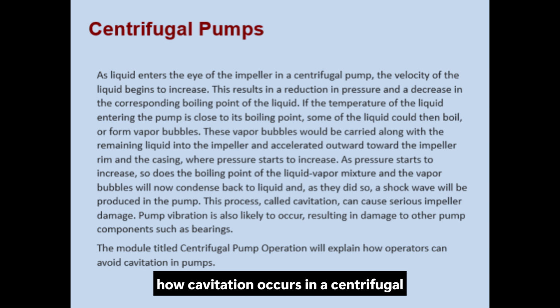Here is how cavitation occurs in a centrifugal pump. As liquid enters the impeller eye and accelerates, the increasing velocity causes a local pressure drop. If the liquid temperature is near its boiling point, this pressure reduction can cause some of the liquid to vaporize, forming vapor bubbles. These bubbles travel with the liquid toward the impeller rim and casing, where pressure begins to rise.